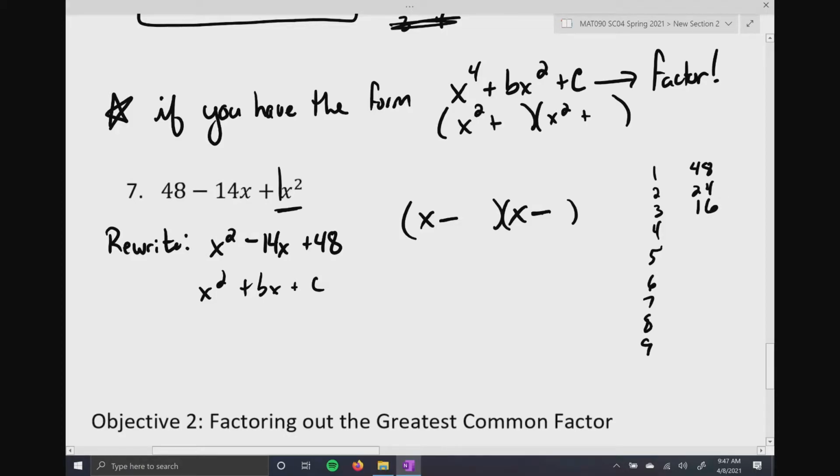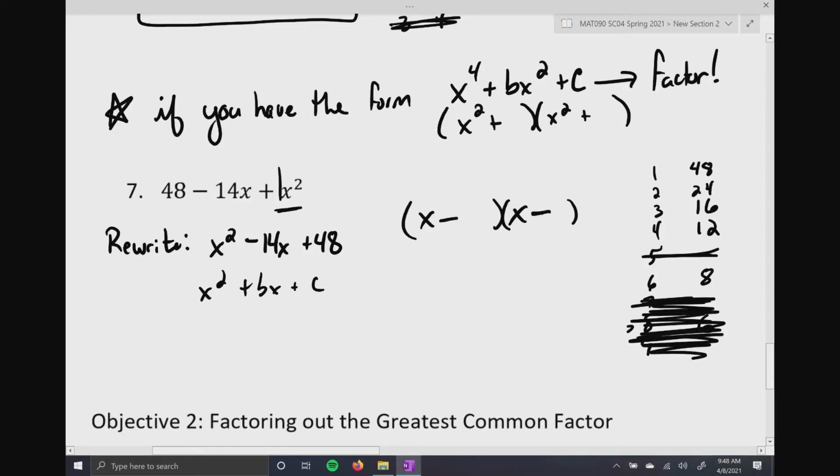All right, 4 times 12 gives me 48. 5 does not work. 6 times 8 gives me 48. 7 doesn't work. 8 times 6. Now, notice here and here, they're the same. Would you guys agree? 6 times 8, 8 times 6. When you start to see repeating, that's when you can stop. In other words, I can just get rid of all these down here because I'm repeating myself now.